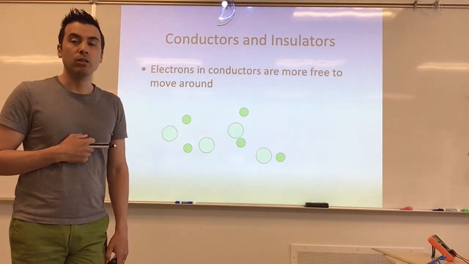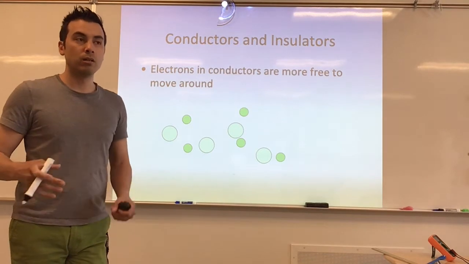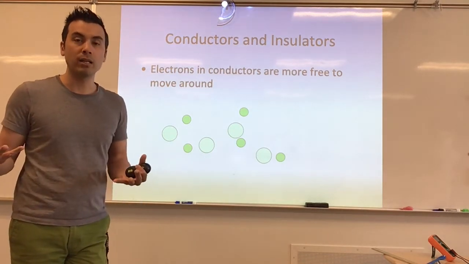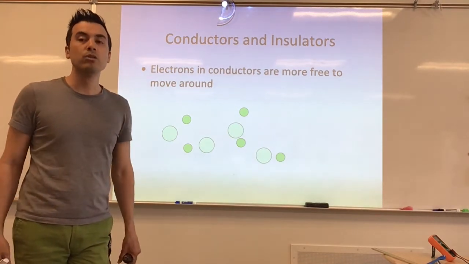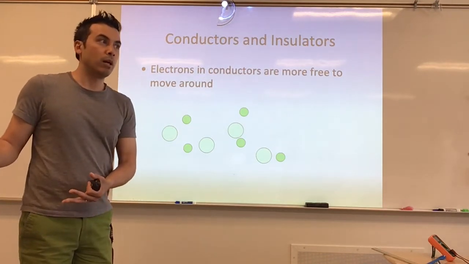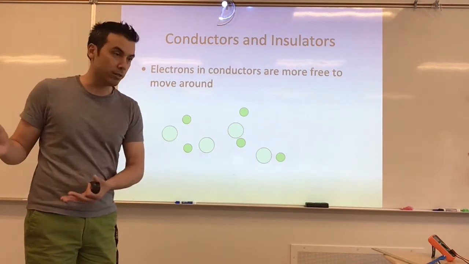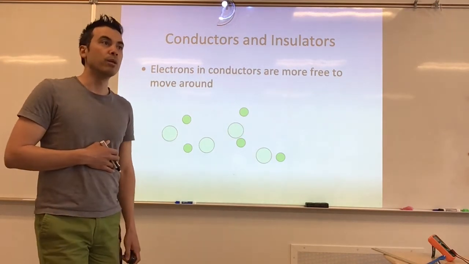Whereas if we look at conductors like our metals, their electrons are not held as tightly, and so they're a little bit more free to roam around. They're in a better position to flow, and so they can move around.